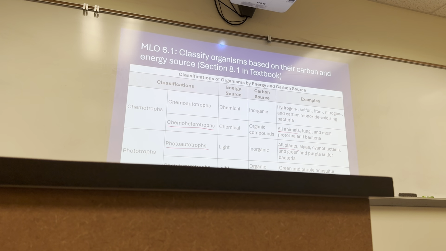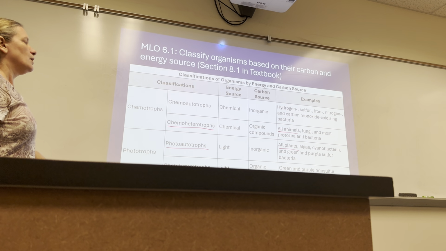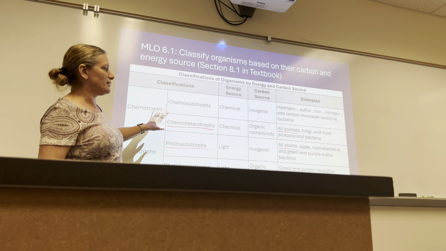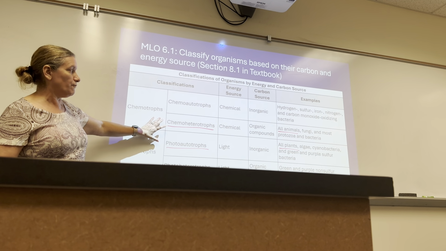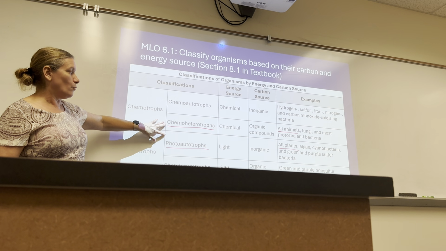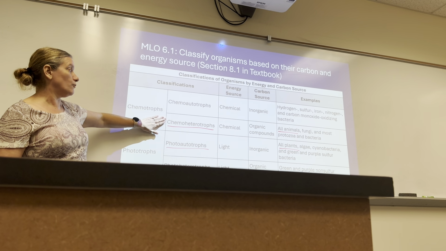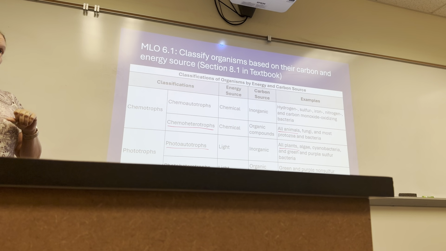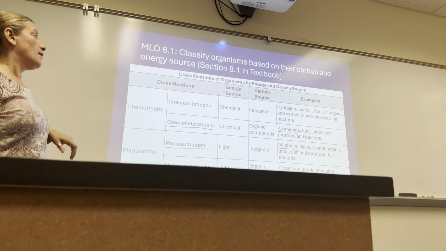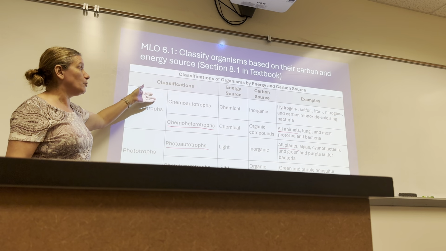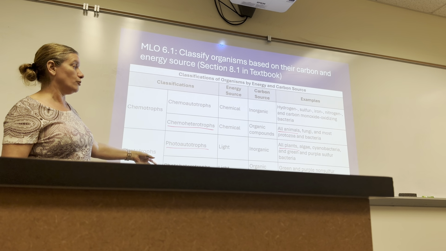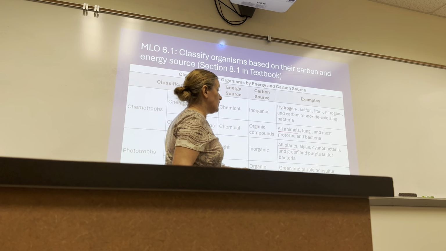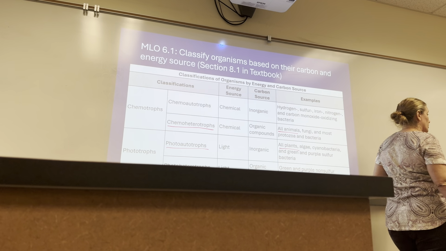So when we're looking at eukaryotic cells, you'll notice they really fall into one of two groups: photoautotrophs as producers or chemoheterotrophs as consumers. The other two, your chemoautotrophs and your photoheterotrophs, are going to come from your microorganisms.